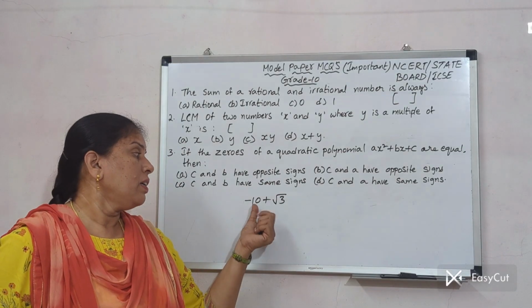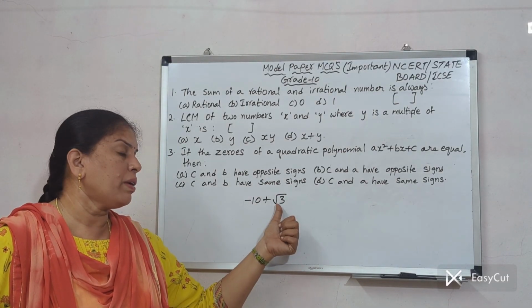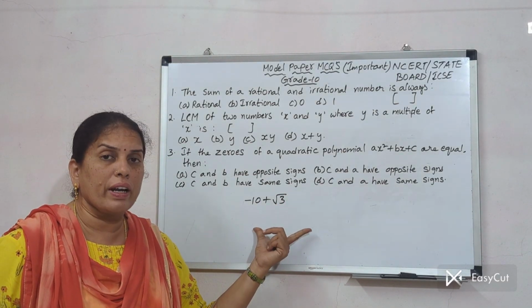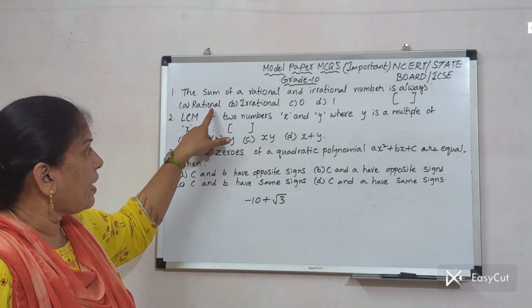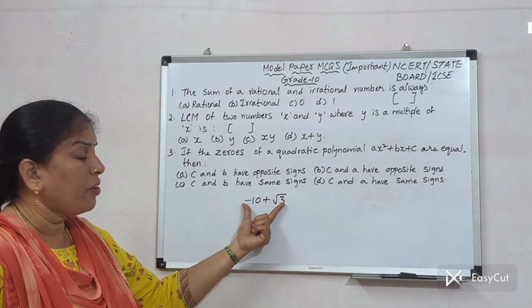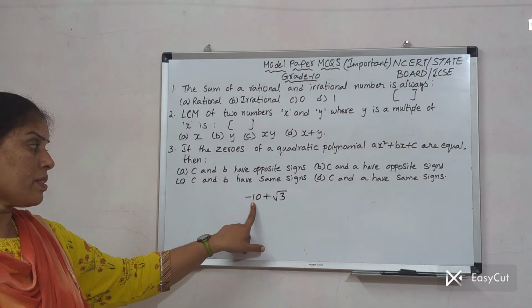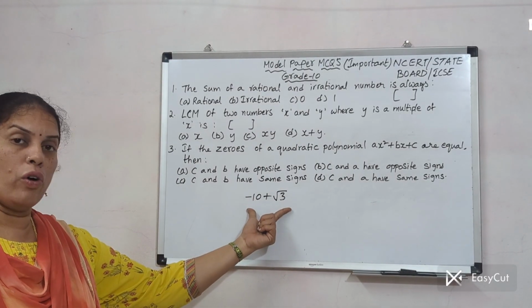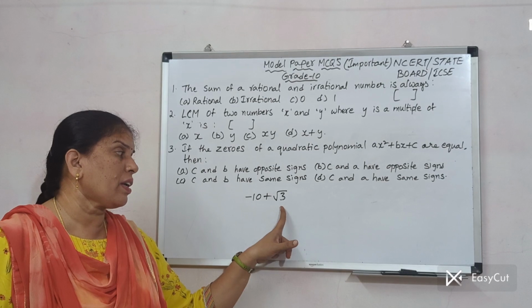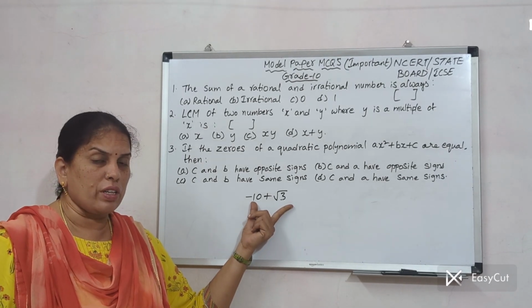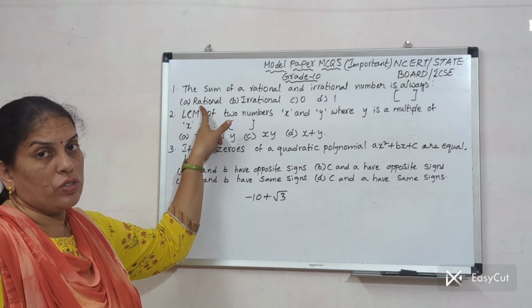See here children, the sum of a rational number and an irrational number. What are you getting? Is this a rational number? No. Why? Because you have an irrational number also. This is not a rational number, so option A is wrong.